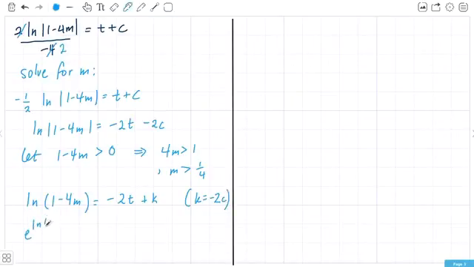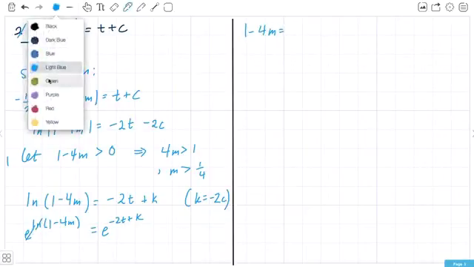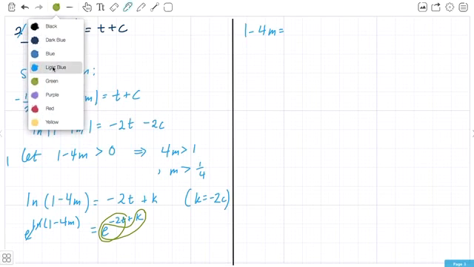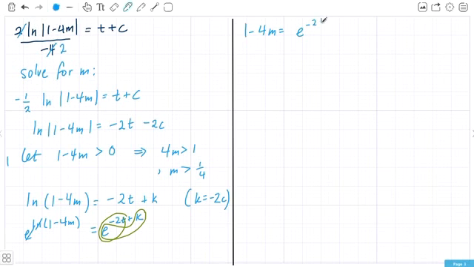Take e of each side, because we want to eliminate the log. And here the e and the log disappear. So we've got 1 minus 4m equals, and here we can split this up, e to the negative 2t times e to the k.